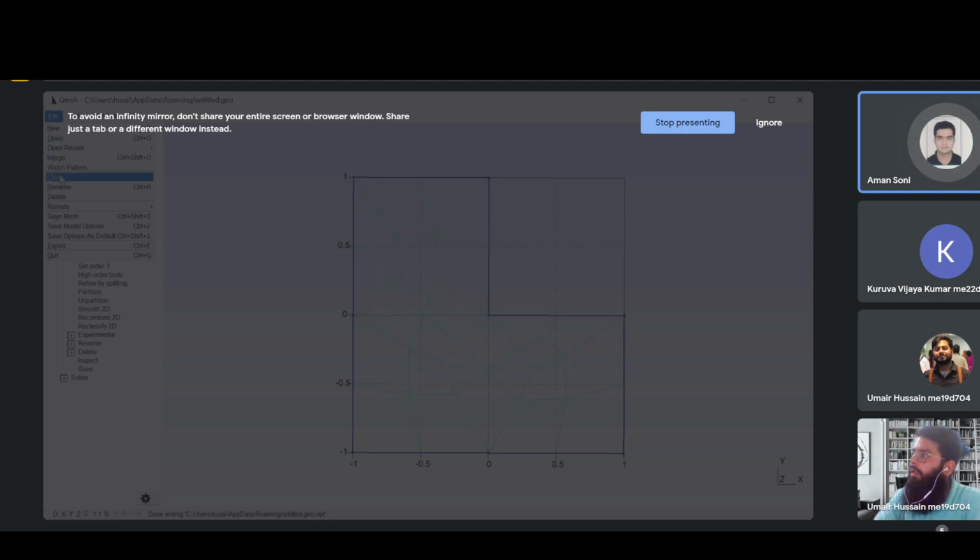The save mesh option is below, but that is to save the mesh. I don't want to save the mesh. I have to save it as a geo file to make it editable.